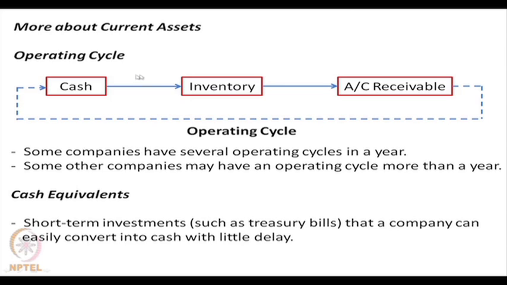Again the cash is used to buy inventory, add value to it, make finished product, sell it to the customers, again it remains as accounts receivable, and again when accounts receivable is converted into cash. So, this continues. We say the cash is the most liquid, accounts receivable is little less liquid, inventory is the least liquid, because inventory to be converted into cash usually goes through accounts receivables.